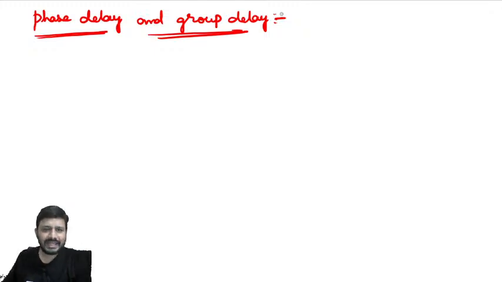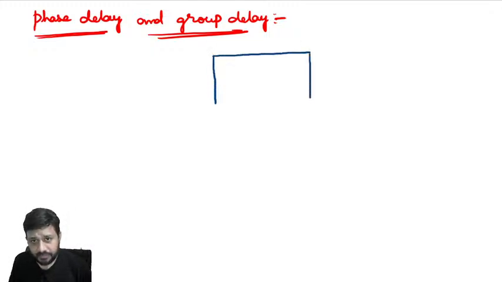Now, how to understand this phase delay and group delay in an easier way? Observe here. Consider an LTI system like this with frequency response h of omega. Listen carefully, my dear students.